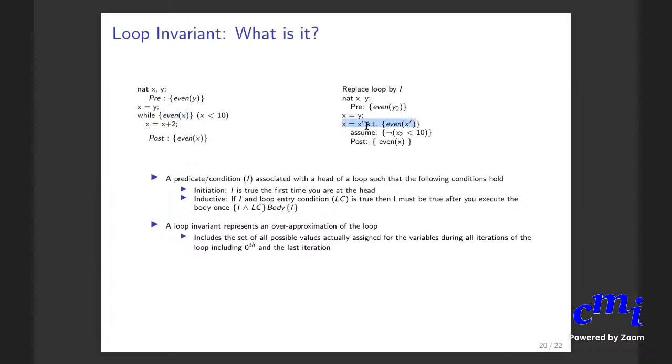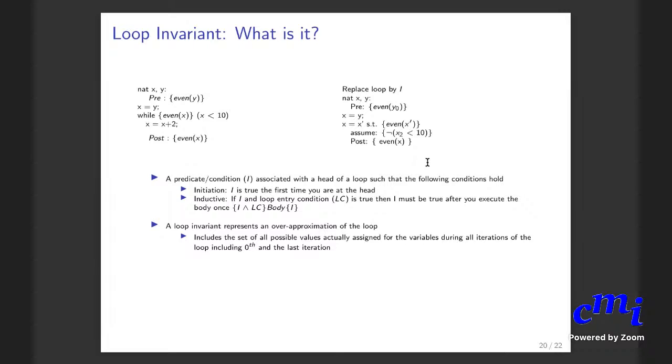So when you replace that loop by the loop invariant, to the variables that are modified you assign any values that are consistent with the loop invariant, then it becomes a straight line program, and then when you exit, you check the exit condition.